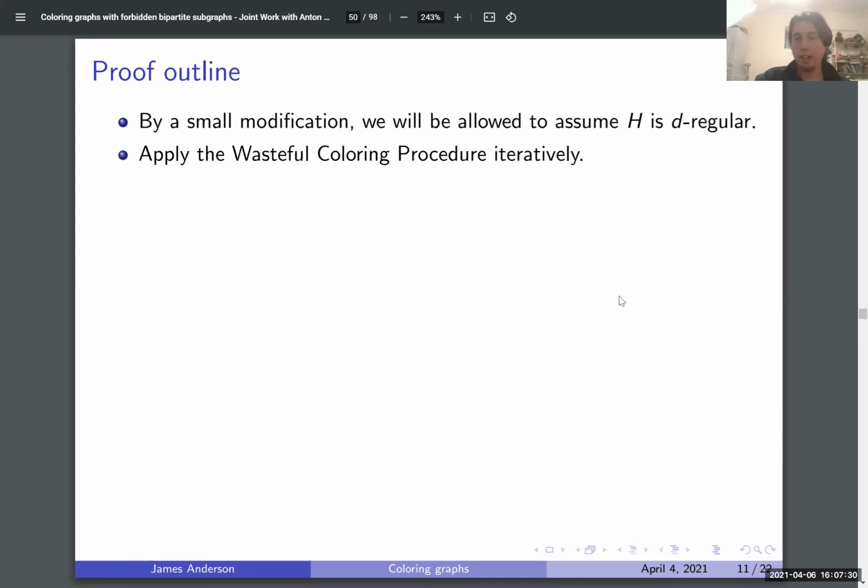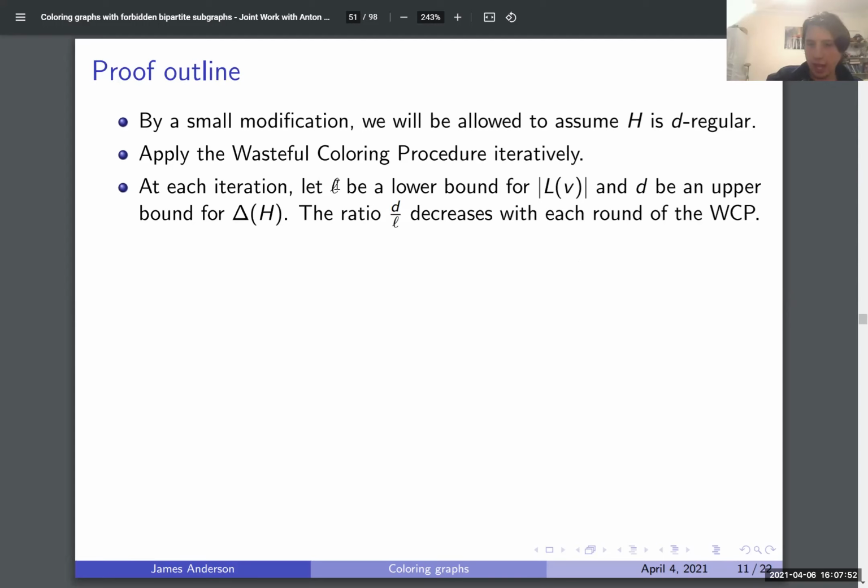And the idea is, hopefully with each round of this procedure, the size of the list, or the number of colors available, compared to the degree of each color in our graph H, we want the ratio of the degree over the list size to decrease. So if we let L be a lower bound for the list sizes and D be an upper bound for the degree in H, this ratio D over L is going to decrease with each round of the wasteful coloring procedure.